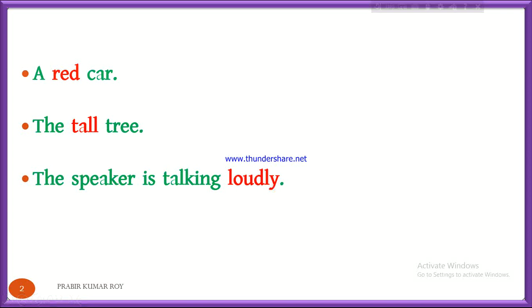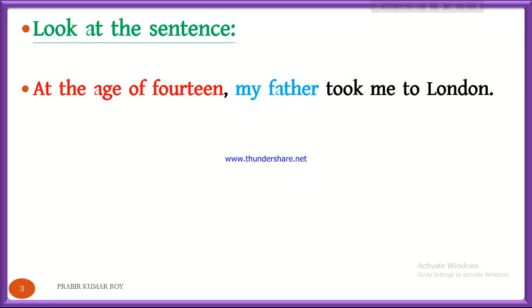Now please look at the sentence. At the age of 14, my father took me to London. Now it is sure that at the age of 14 is a modifier, but its position is not right because it is placed just before the words my father.